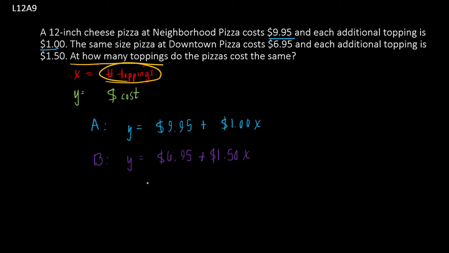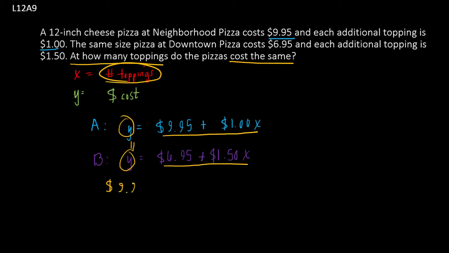Now, we're being asked to solve at how many toppings do the pizzas cost the same. So we're solving for toppings. That means we're going to try to set up an equation that only has x as a variable. Now they're telling us the pizzas cost the same, meaning that this y and this y are equivalent. So if these two y's are equivalent, I can substitute and set up an equation where these two phrases are equal to one another.